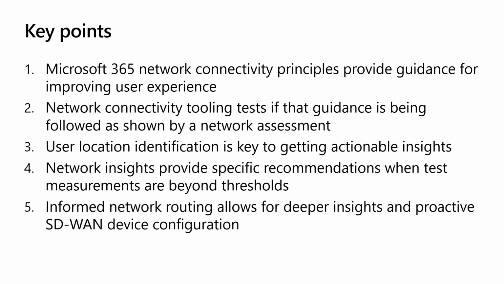So the first of the tools that we talked about is the network connectivity in the Microsoft 365 Admin Center under the Health tab. This is where you can see the results of locations that we've discovered. Those user locations are key to getting great network insights there.